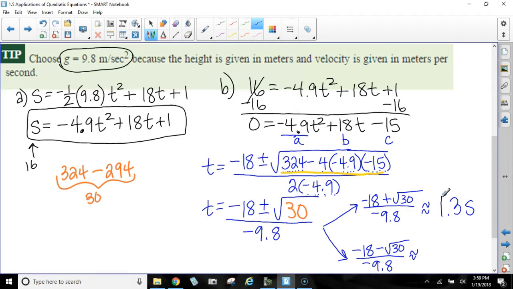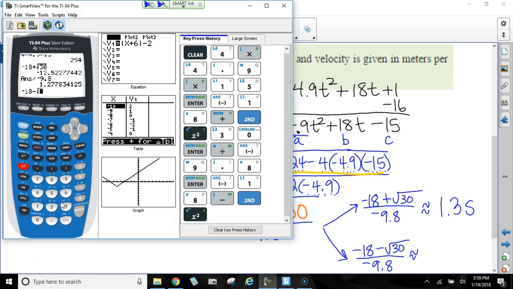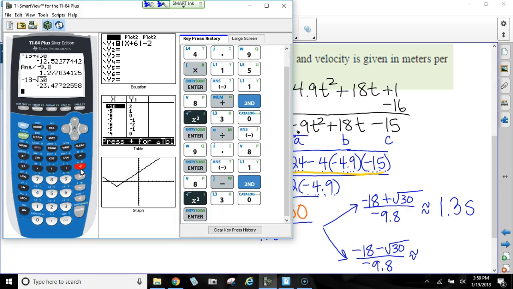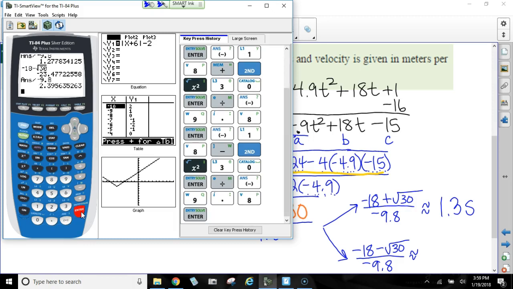Let's calculate the other one. This one is negative 18 minus the square root of 30, and then divided by negative 9.8. That gives us about 2.4 seconds.